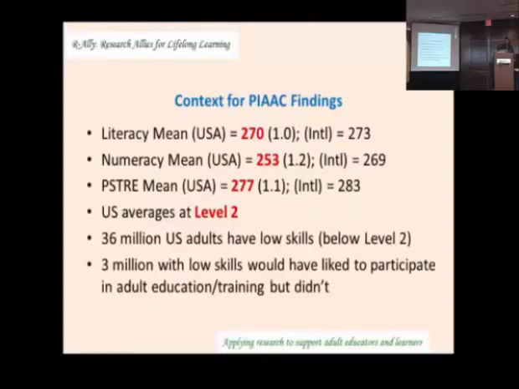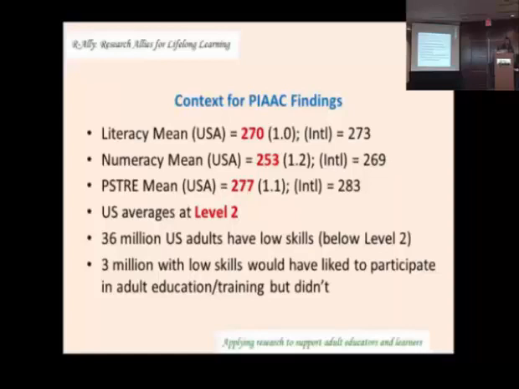Moving on from there, I think a lot of us were aware when we saw the report last year, Time for the U.S. to Reskill, question mark, that the skill levels for the United States in literacy, numeracy, and poster are substantially lower than they are compared with the international average. And in fact, the U.S. average is about level 2.